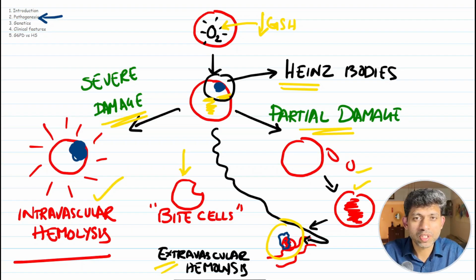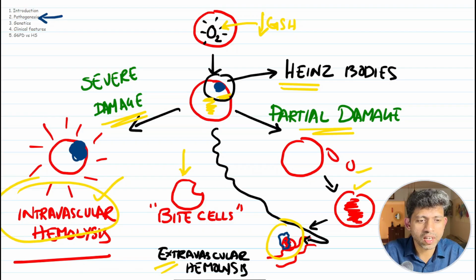To summarize, we saw that G6PD deficiency leads to reduced oxidative stress management in RBCs, which can lead to severe damage of RBCs causing intravascular hemolysis or partial damage leading to extravascular hemolysis.